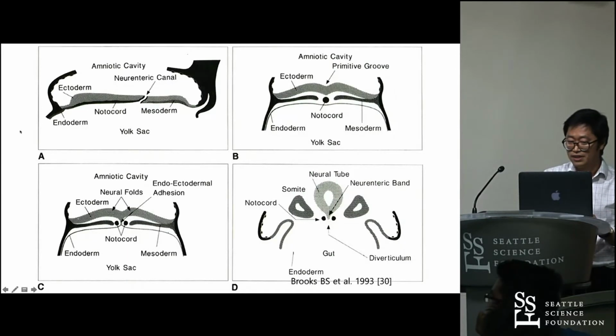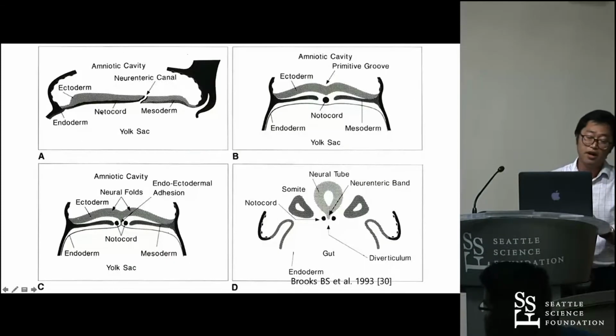This is basically the axial image of gastrulation, when you have 3 germ layer formation. I have the ectoderm, mesoderm, and endoderm formation over here. My notochord is derived from some of the migration of the ectodermal tissue, which makes the future CNS.